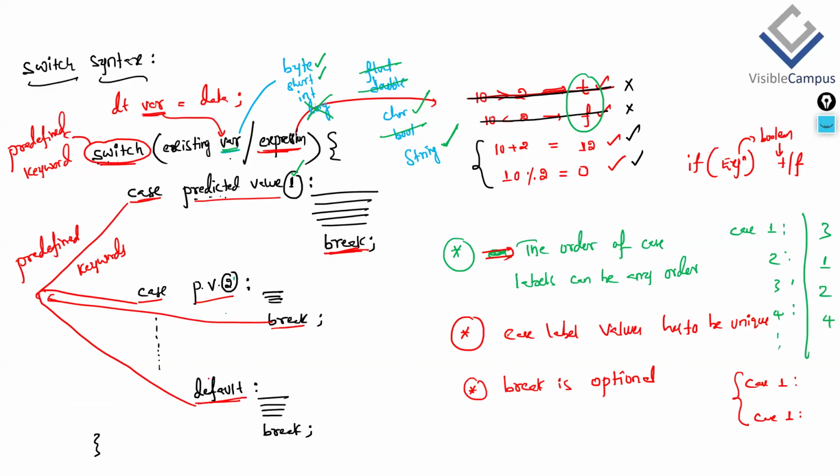But it's the programmer's requirement when we should write it and when we should not, so we'll discuss it with an example. If we don't write break, it is syntactically correct. Output wise, we'll not get the expected outputs, we'll get different outputs. That's a different point. But break is optional. So these are the important points about this switch syntax.